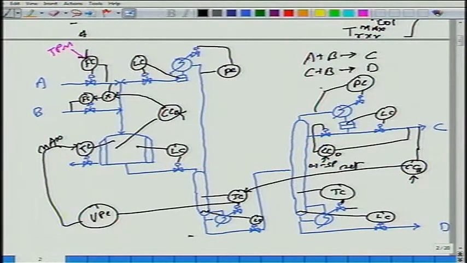Yeah, so B should be the limiting reactant inside the reactor. That implies A should be in large excess inside the reactor. But it does not affect at all the overall material balance. It affects it only in the sense that if the side reaction increases, per mole of A, B consumption will go up slightly. And by the way, the whole assumption in all this is that energy is much cheaper than raw material or product.